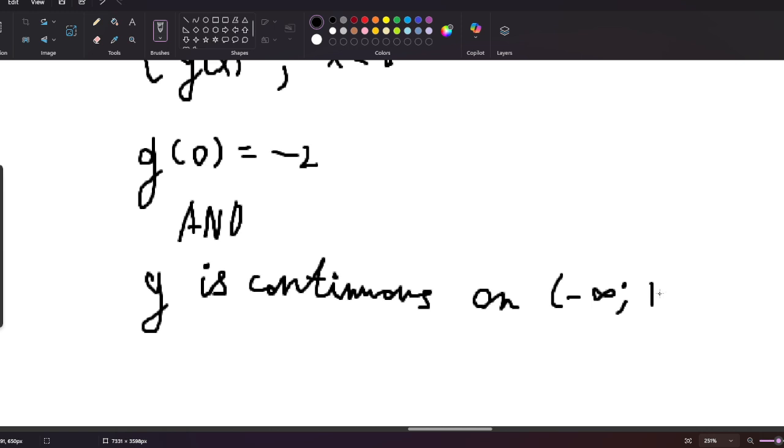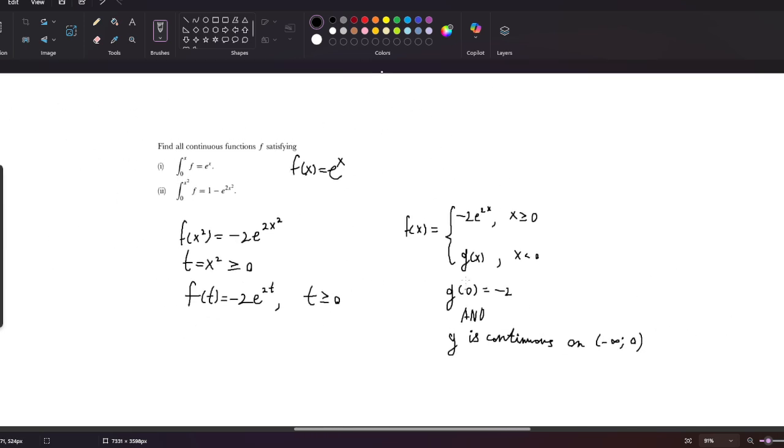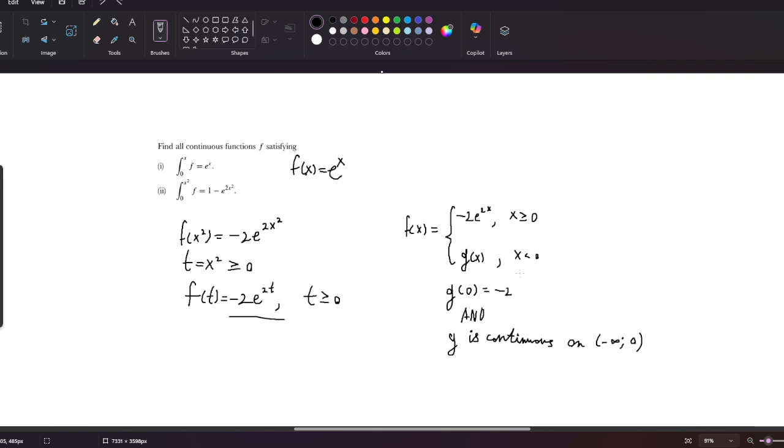I would assume that they most likely meant that we should just take this function and call it a day. But I think this is supposed to be the correct solution. It's a piecewise function. We can take literally any continuous function that has g of 0 as minus 2.